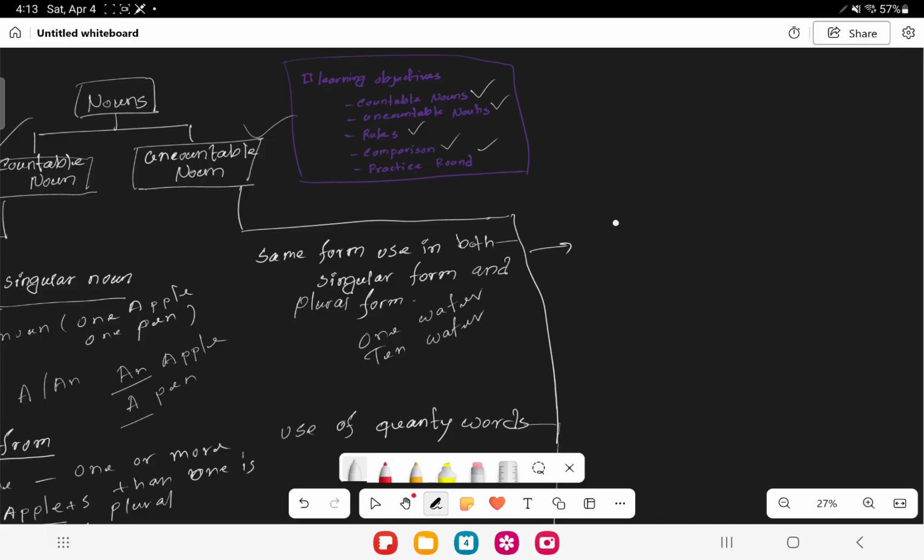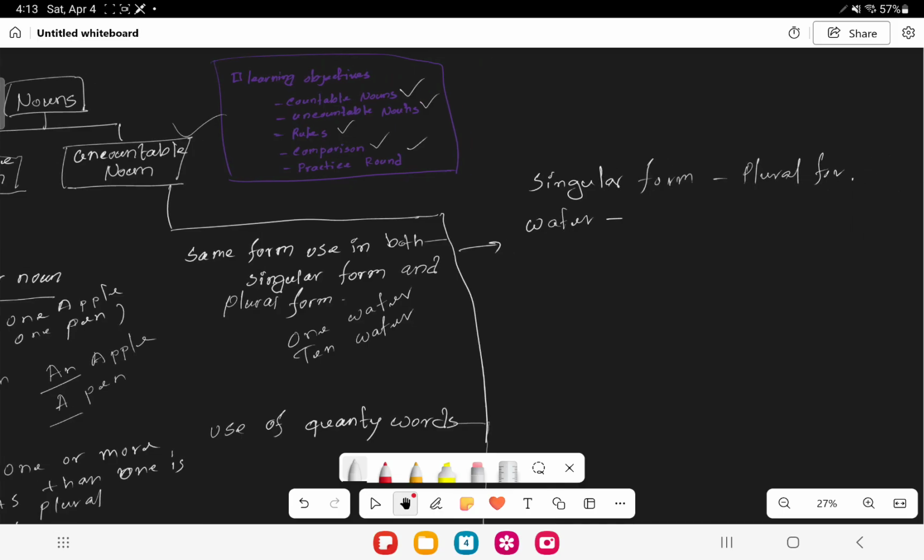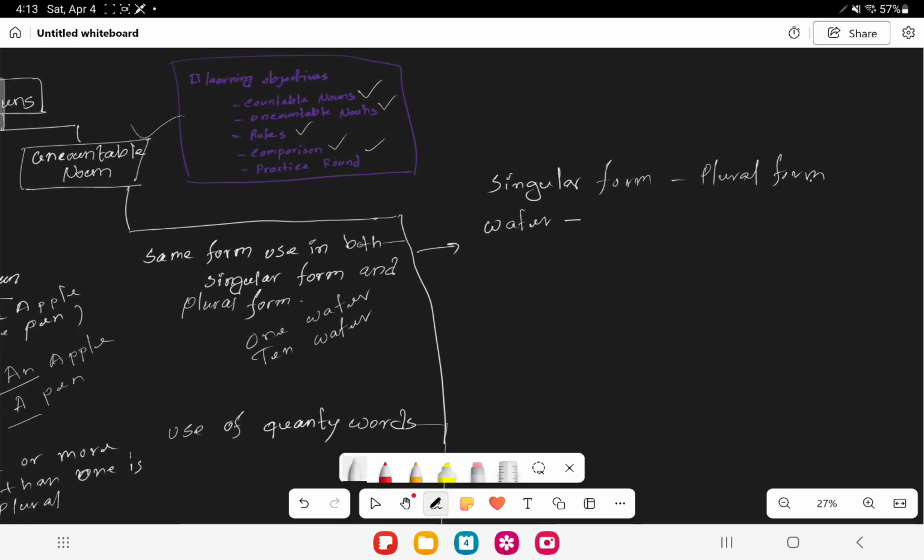Water remains the same both in singular form and plural form.